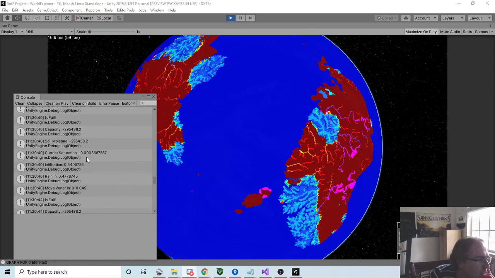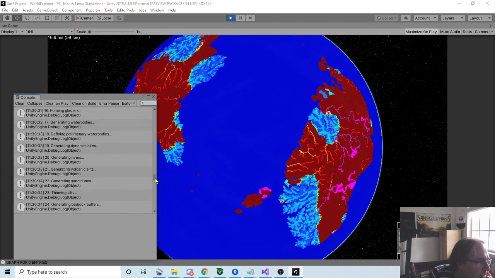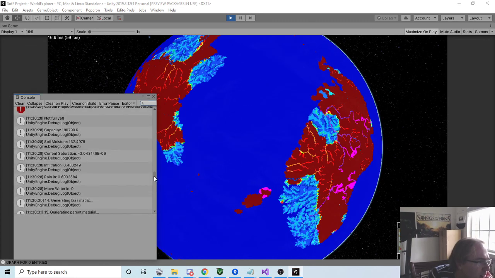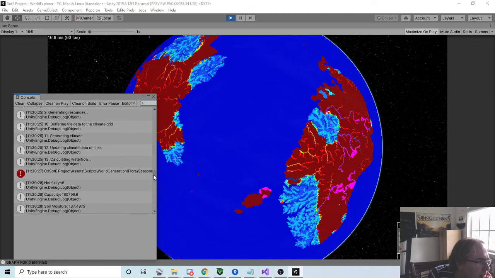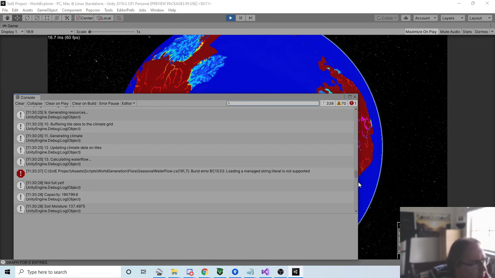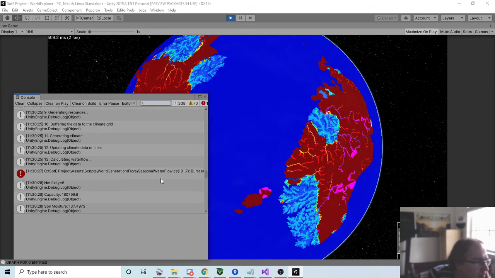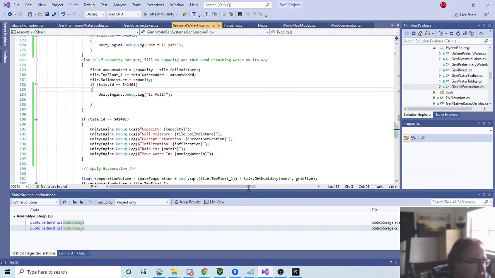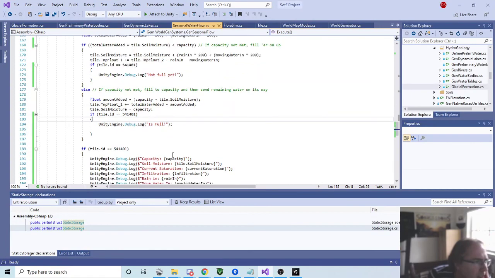Ah, okay, we have negative capacity. Loading a managed string literal is not supported. Okay, don't know why that's happening. Did I actually try to do that somewhere? I don't know.